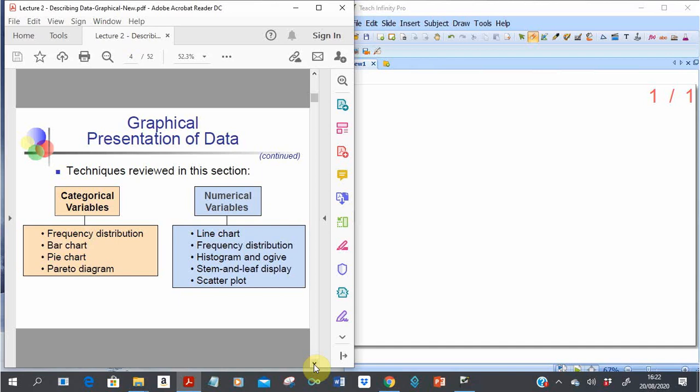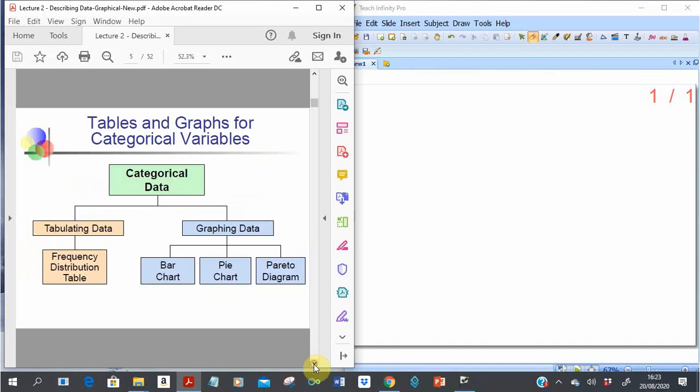For numerical or quantitative variables, we use the line chart, frequency distribution tables as well, a histogram, an ogive diagram, stem and leaf display, or scatter plots. Now these are different diagrams or ways of representing different types of variables.